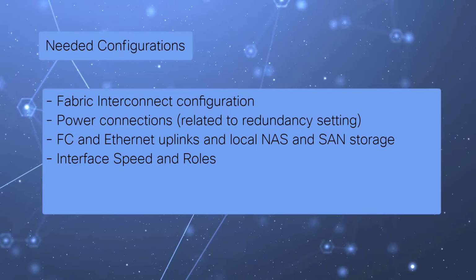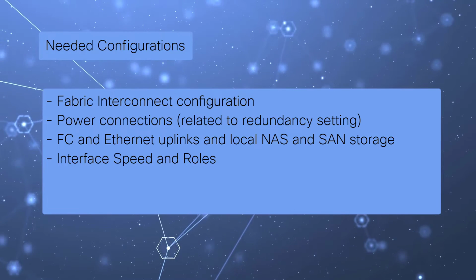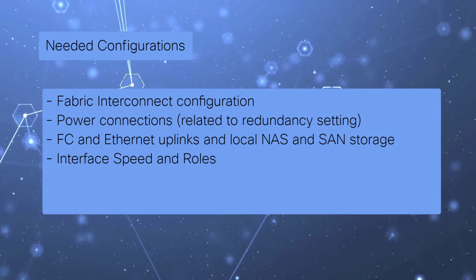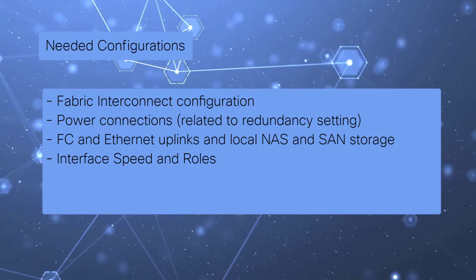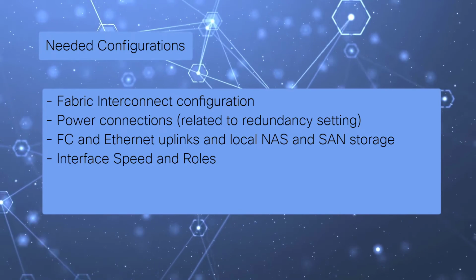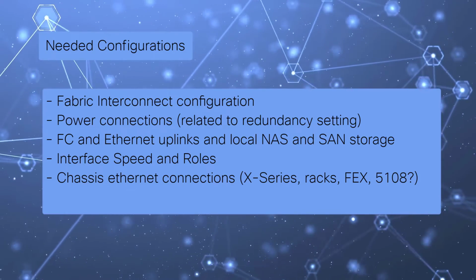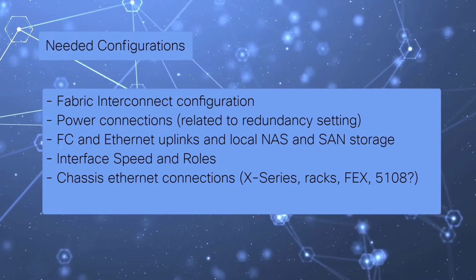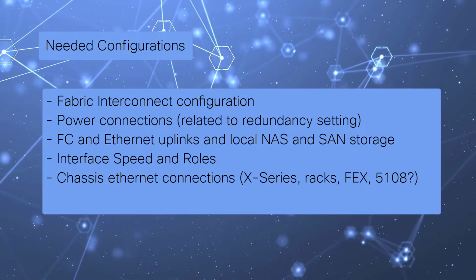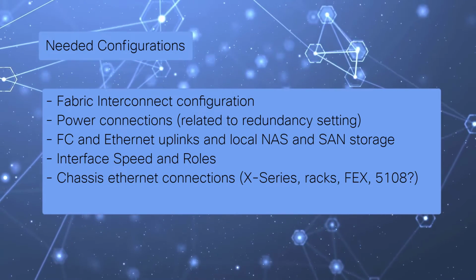If you remember things such as a server port role or an Ethernet uplink port role, these are very important because these are creating things like trunk links for us traditionally. Chassis Ethernet connections, we have to be able to configure the fabric extenders or the input-output modules on the back of our chassis.